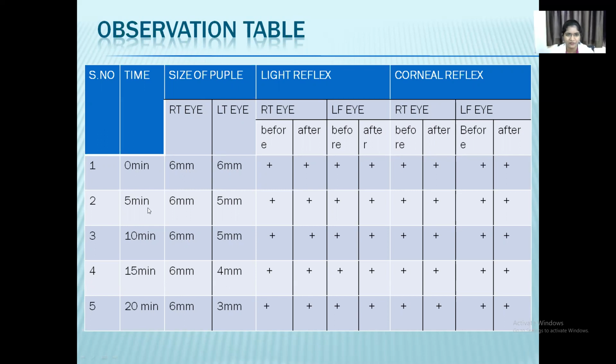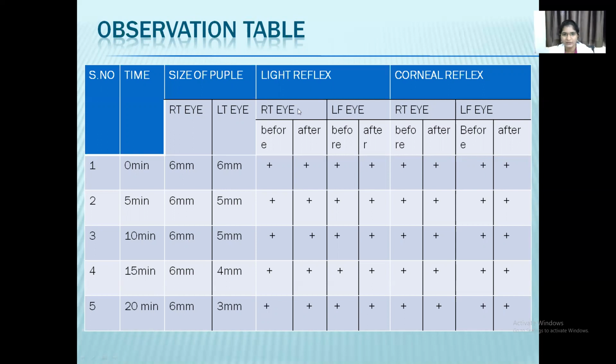Then after 5 minutes you will instill the drug. Then after 5 minutes you will check the pupil. What will happen? The right eye is always the control, so it will not increase or decrease. It's the normal pupil diameter. Then the left eye is the test eye because it decreases the pupil size.